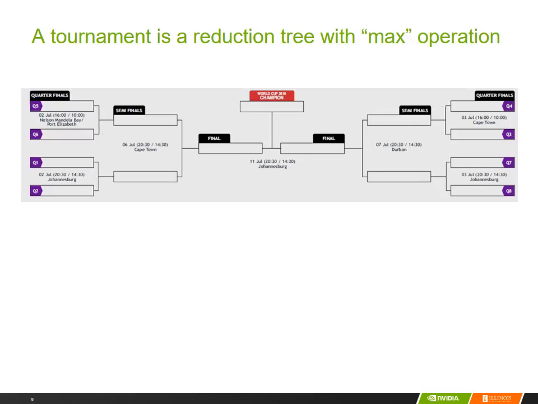Then when we work towards the middle, we have 2 winning teams, and in the final we have 1 winning team. So each game is really a reduction operation. It's a max operation. The one that prevails will advance to the next level, and we continue to have these reduction operations until we produce a champion, which is the max of the original 8 inputs.